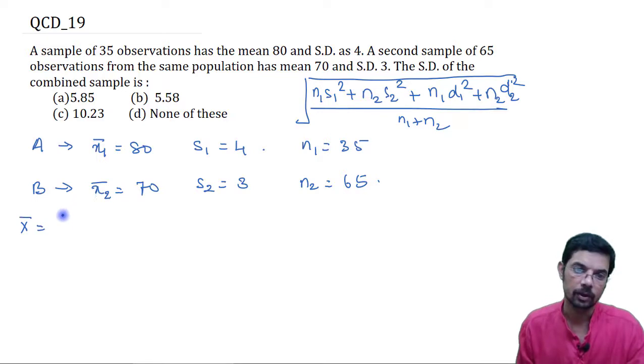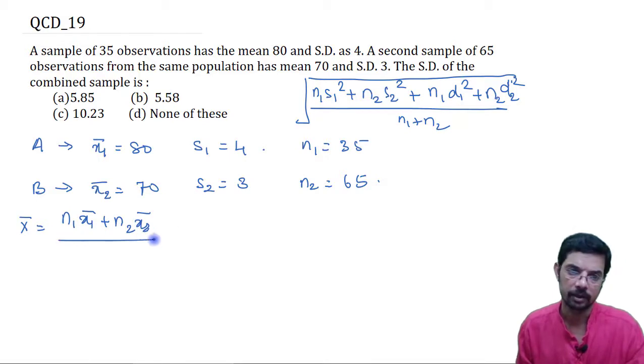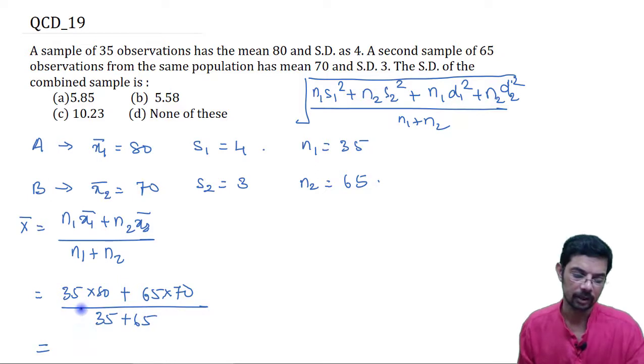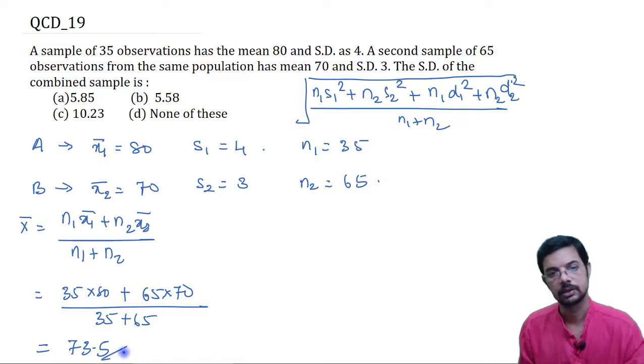X bar is equal to N1 X1 bar plus N2 X2 bar divided by N1 plus N2, which is 35 into 80 plus 65 into 70, divided by 35 plus 65. On calculating, we get 73.5 as the combined mean.